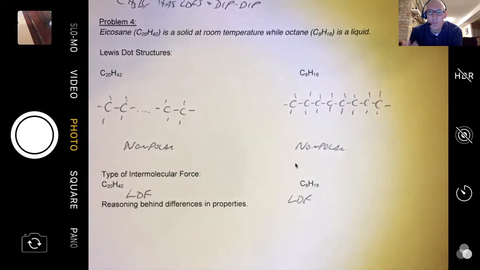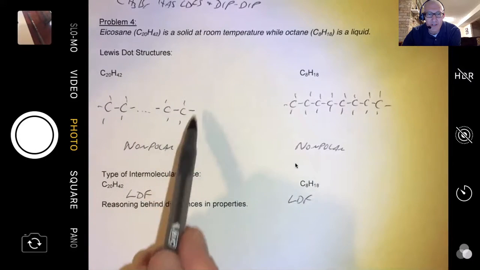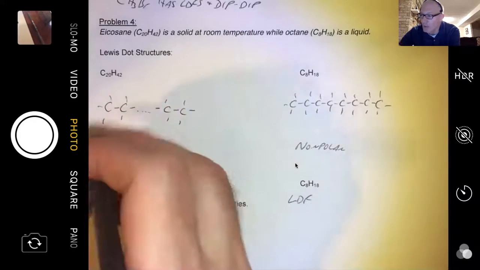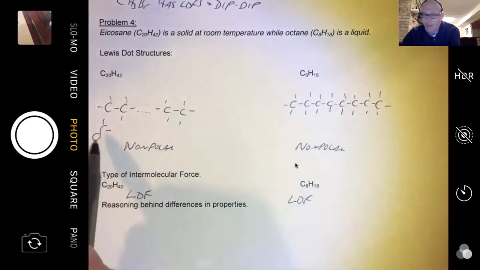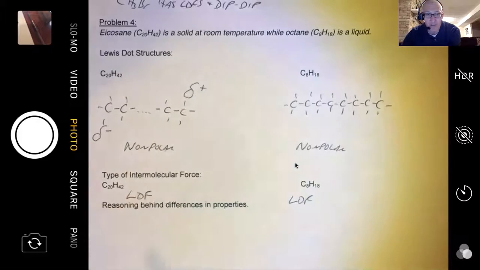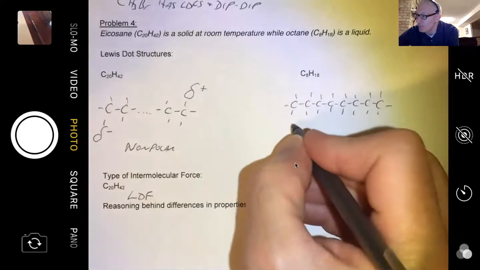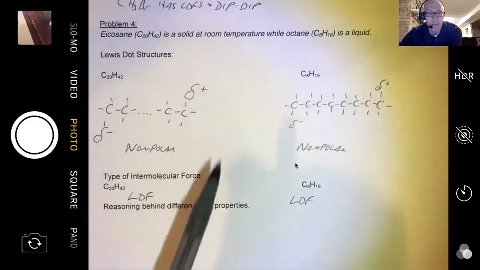You go with the one that has the largest molar mass because this one is going to have way more electrons, which could create a way larger temporary dipole. If all those electrons hung out in this spot right here for just a brief moment, this would create a very large area of negativity and a large area of positivity. This one would be smaller. And so that is going to drive what is happening here.